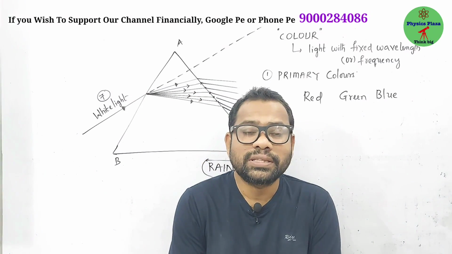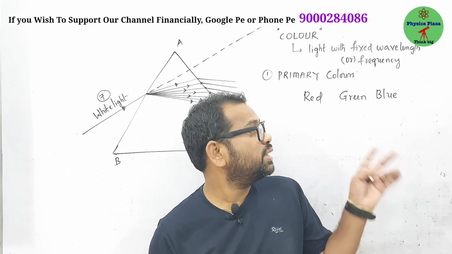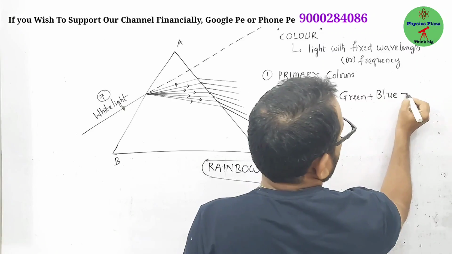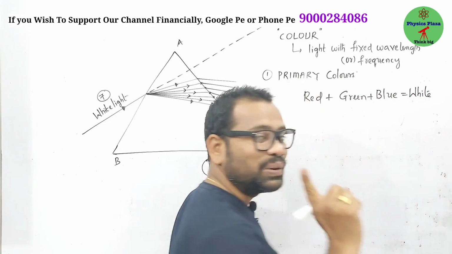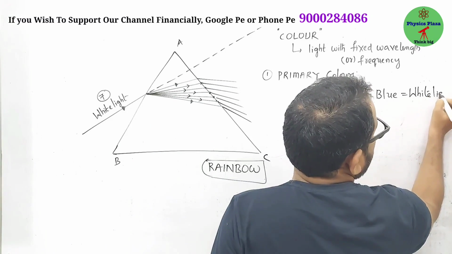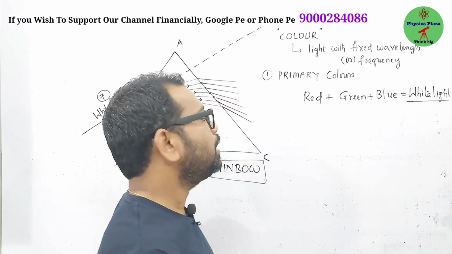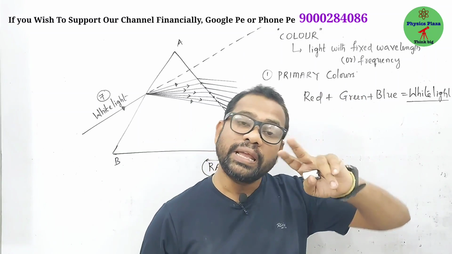Why are we calling these three primary colors? Let me tell you the reason. By mixing these three colors in proper proportion, you will get white light. I am not saying white color, white light we will get. And by mixing any two of these three, you can get other colors.